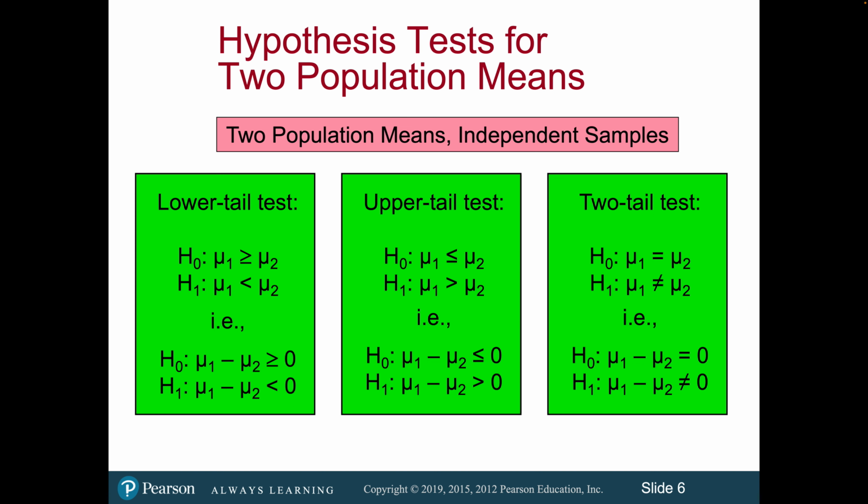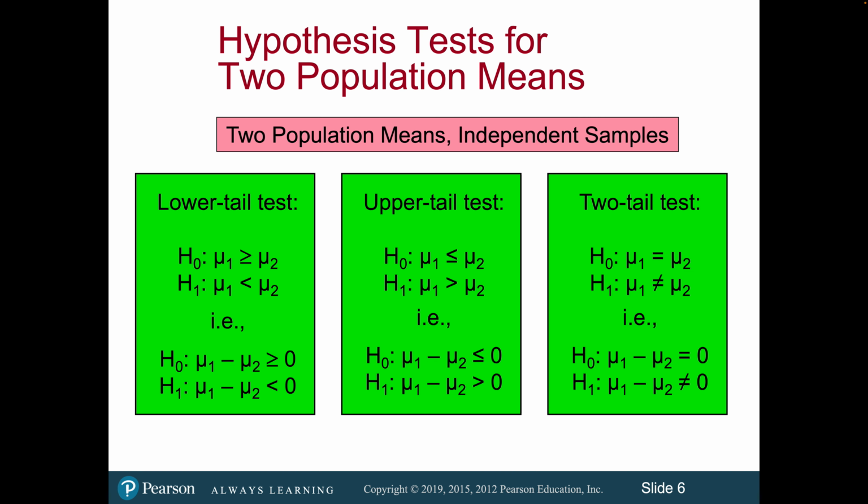And notice that the alternative hypothesis has a not equal to, as we've had previously. Those are equivalent to testing that mu1 minus mu2 is equal to 0. Because think about it, if mu1 and mu2 are the same number, 5 and 5, then 5 minus 5 is 0. So it's the same thing as testing that mu1 minus mu2 is 0 versus mu1 minus mu2 is not equal to 0.